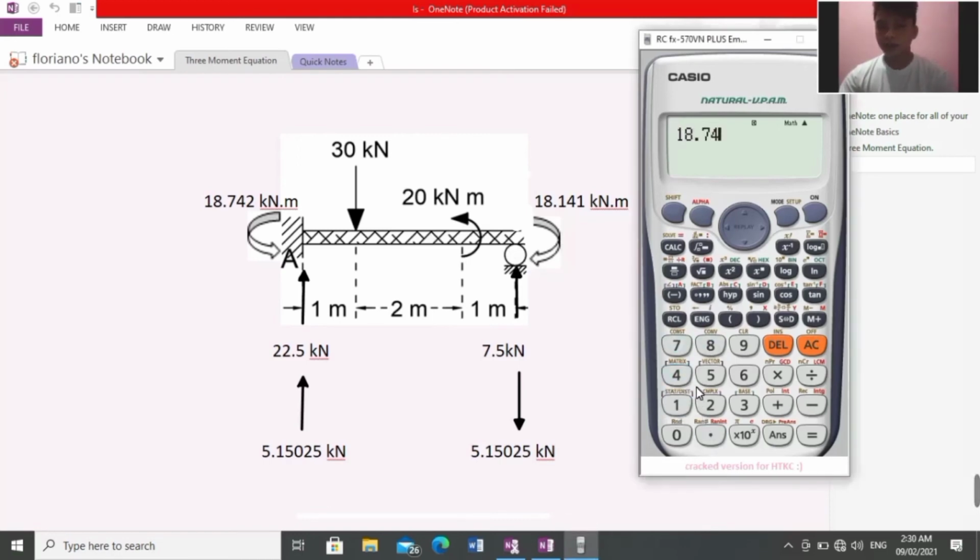So, i-add natin yung dalawang counterclockwise, 18.742 plus 20 minus 18.141 is equals to 20.601. At i-divide natin siya ng distance na to. So, divide 4.